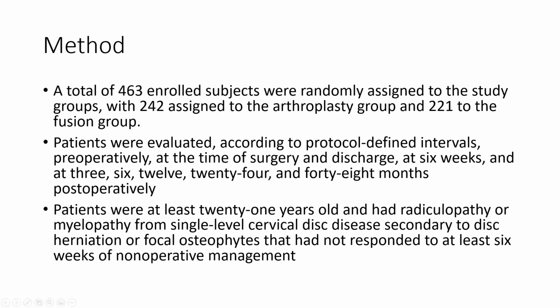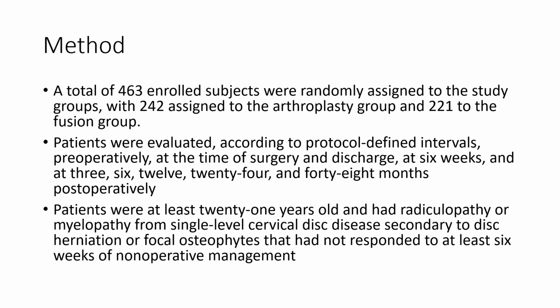So what they did was they had about 430 patients that were randomly assigned to the groups, 242 in the arthroplasty and 221 in the fusion groups. These patients underwent surgery and were blinded to the treatment that they were receiving. Then they were evaluated preoperatively, at the time of surgery and discharge, and then at regular intervals: 6 weeks, 3, 6, 12 months, up to 48 months, so 4 years post-operatively.